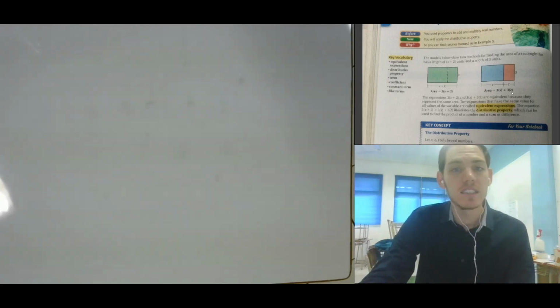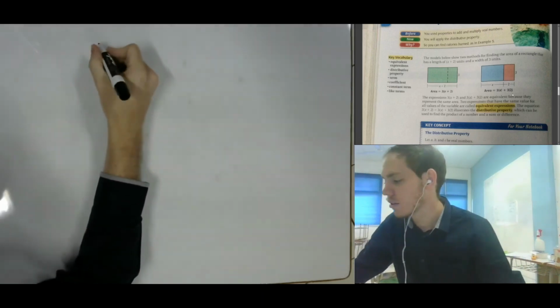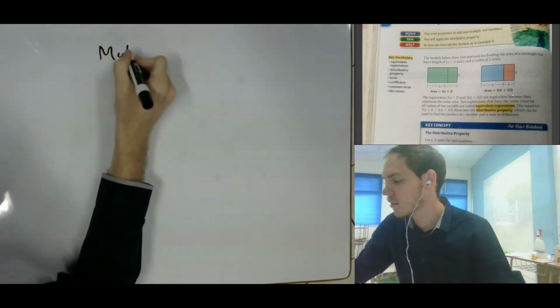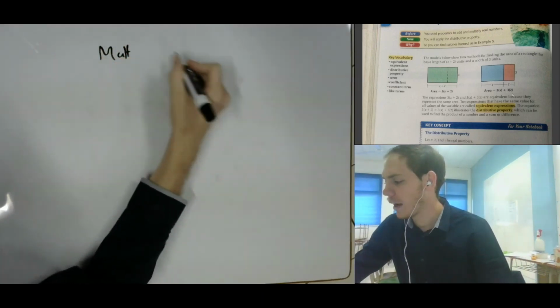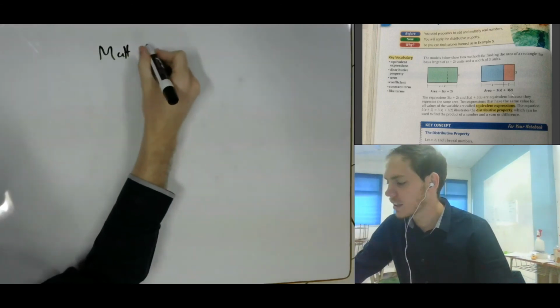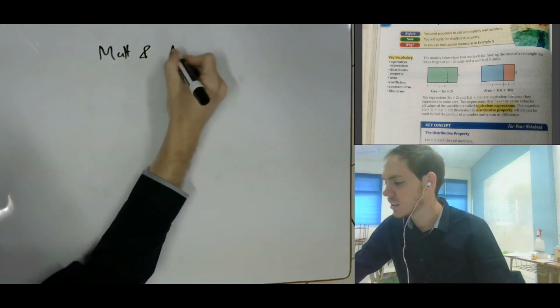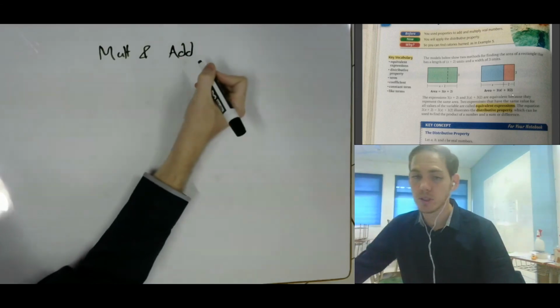Okay, distributive property. The distributive property is, we'll cover half in this video and then half in the next video, okay? It is the idea of combining two concepts together. Multiplication, what happens when you have multiplication and addition, okay? This is distribution.